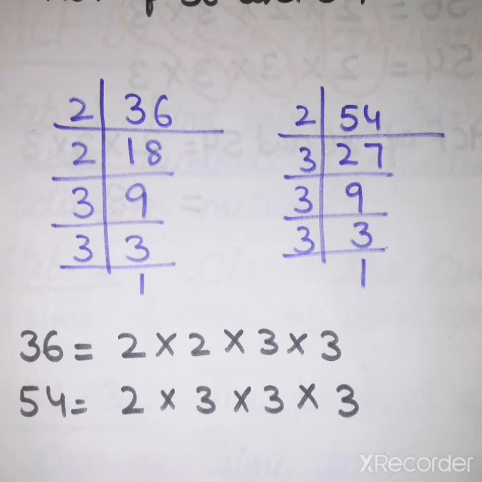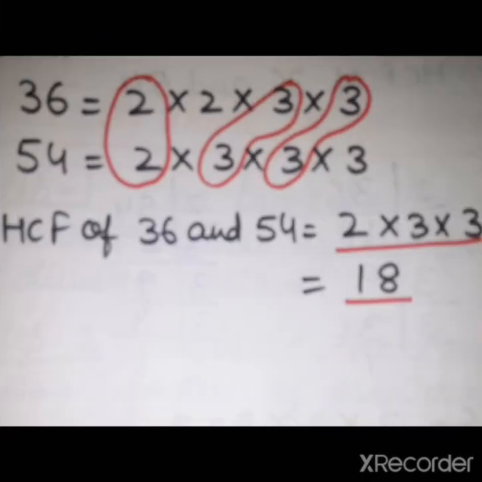So we will encircle it and at the last we will be left with the last factor of 54, that is 3, and it is not making any pair. So we are not going to consider this 3 also. So students, look here. We will encircle the pairs of these common factors.